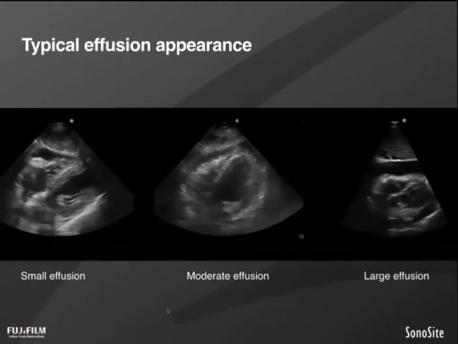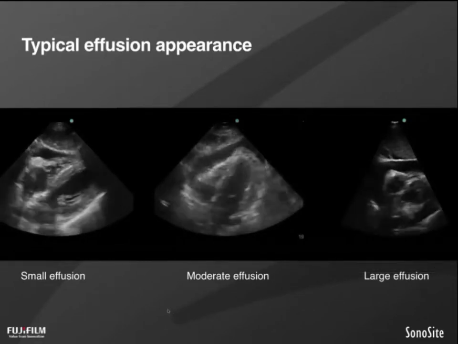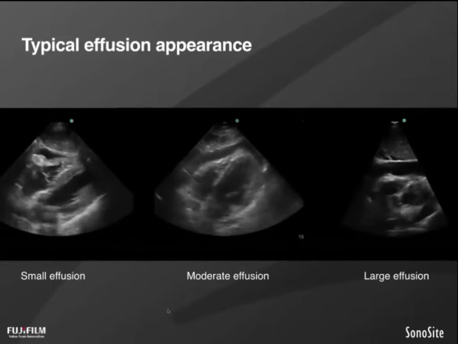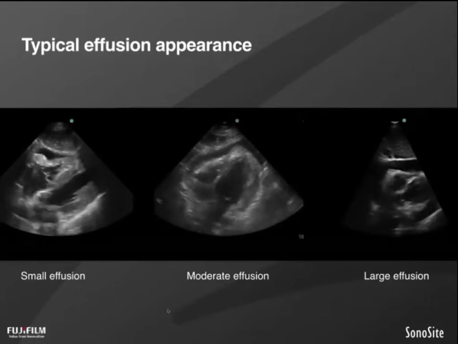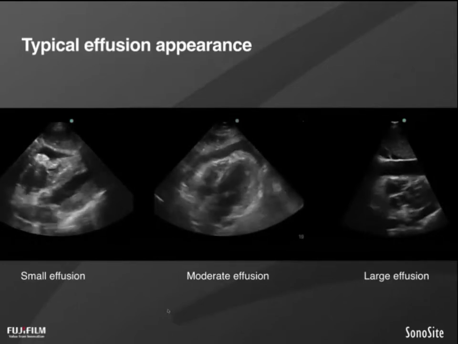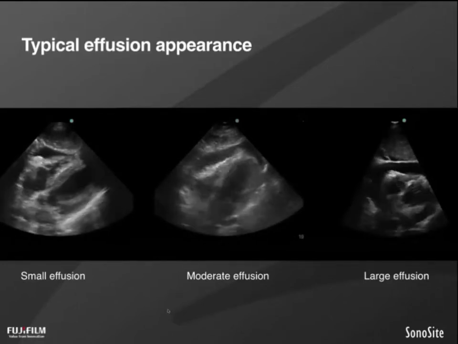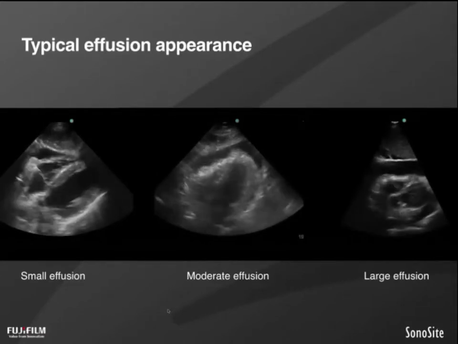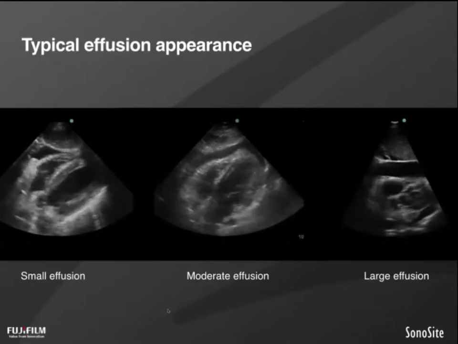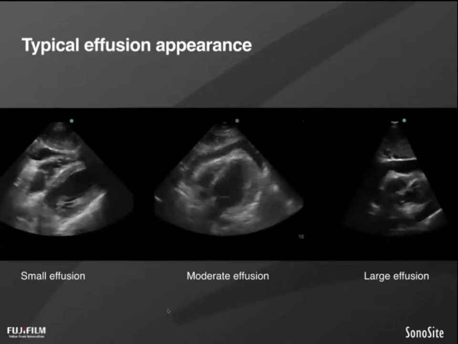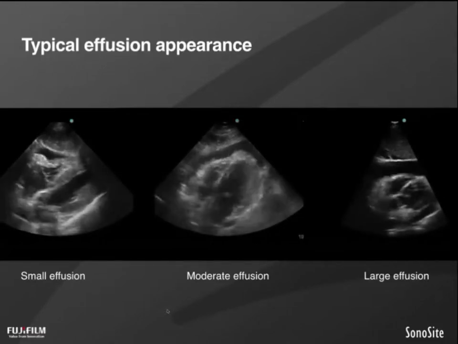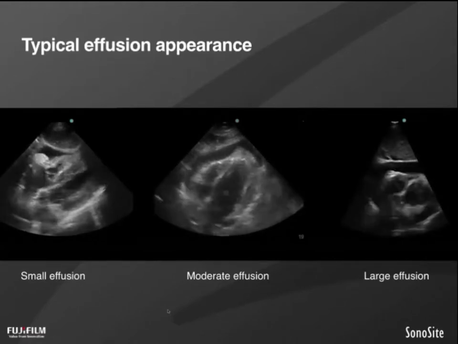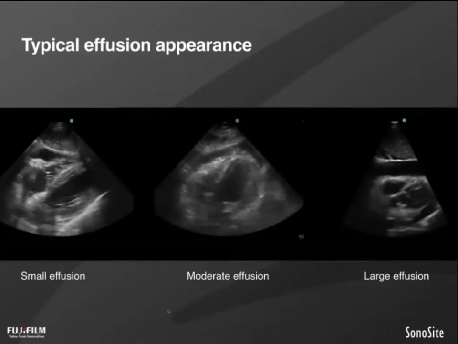There are measurements associated with small, moderate, and large effusions. However, the important thing to identify, as we will review shortly, is that tamponade, that is the life-threatening version of a pericardial effusion, remains a clinical diagnosis. And without extensive training, one should not focus on the echocardiographic features of tamponade, which few of us are trained to identify, and instead identify whether or not an important effusion is present or not.